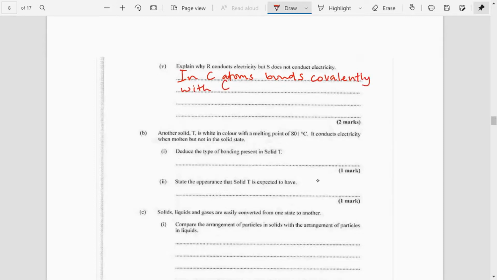And that leaves a free, mobile electron on each carbon atom to conduct electricity.